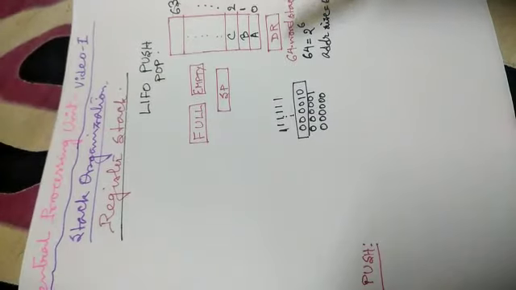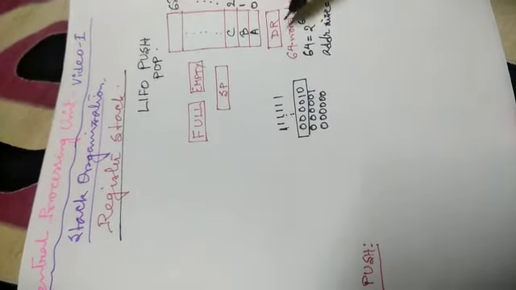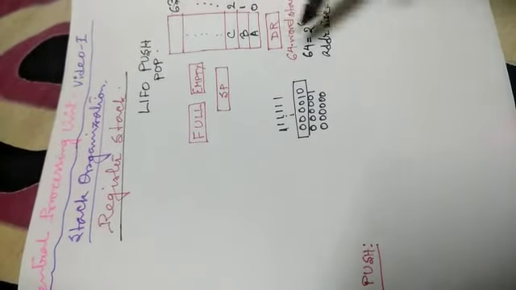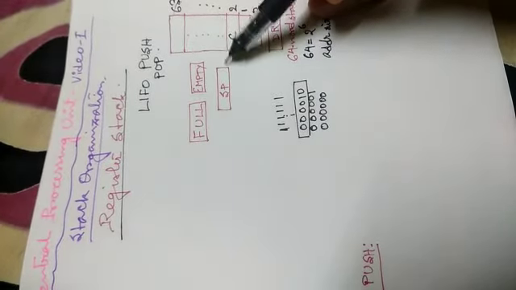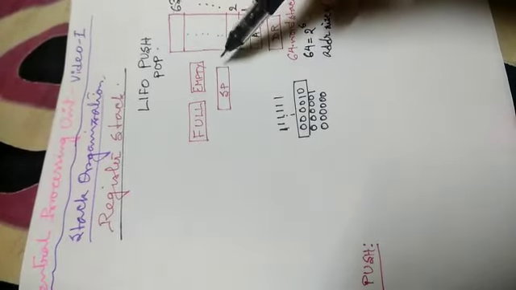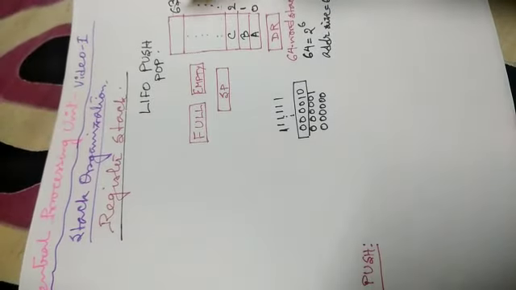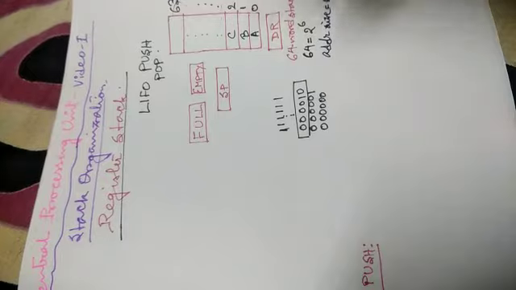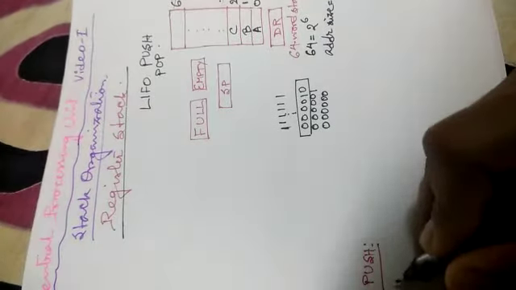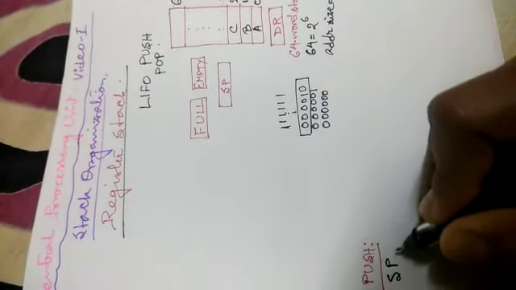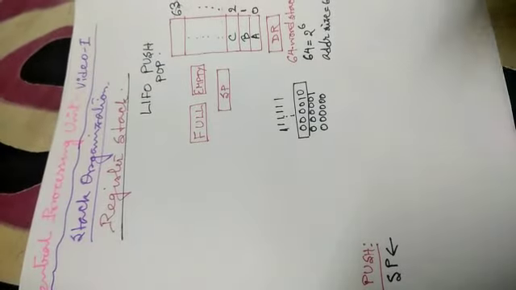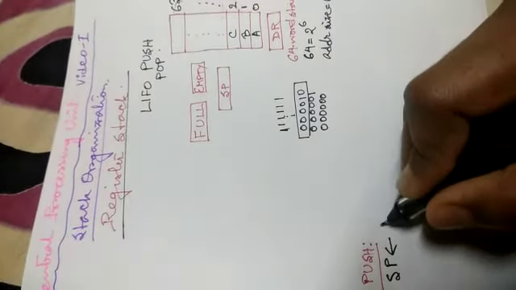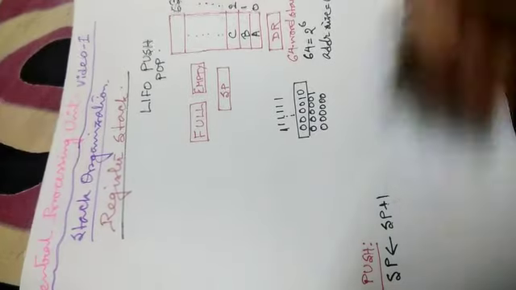So when we want to push the new data item from data register to the top of the stack, first of all, this stack pointer needs to be changed. Changed means it has to be incremented since it is in increasing order, right? So first of all, we have to increment it. Stack pointer is incremented by 1.